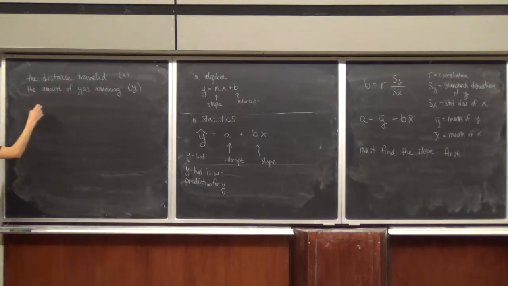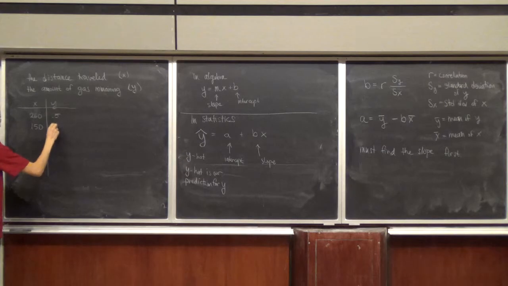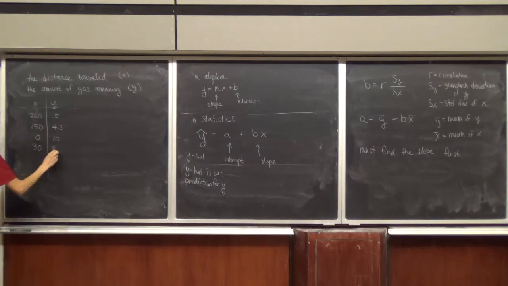Let's say we have our data, x and y. Somebody traveled 260 miles and had half a gallon left. Somebody who traveled 150 miles had 4.5 gallons left. Maybe someone who traveled 0 miles had 10 gallons left. Someone who traveled 30 miles had 8.7 gallons left. And so on and so forth, with more data.